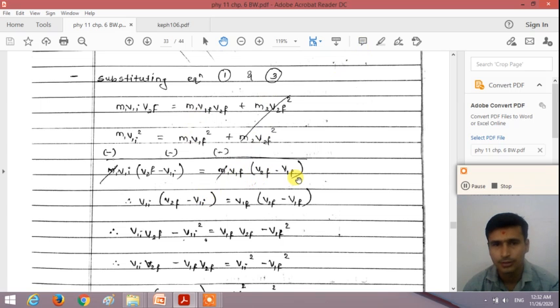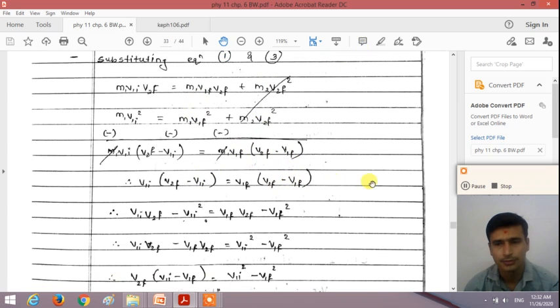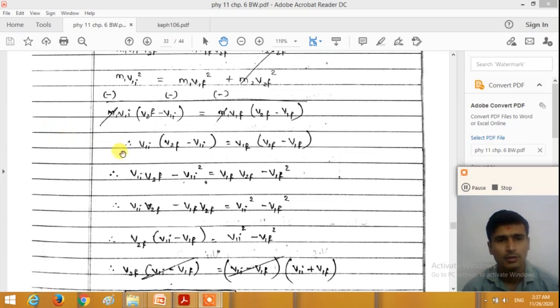Right? So here we get v1i into v2f minus v1i. Here v1i common is equal to v1f, v2f minus v1f. So open this bracket, we get v1i v2f minus v1i squared is equal to v1f v2f minus v1f squared.